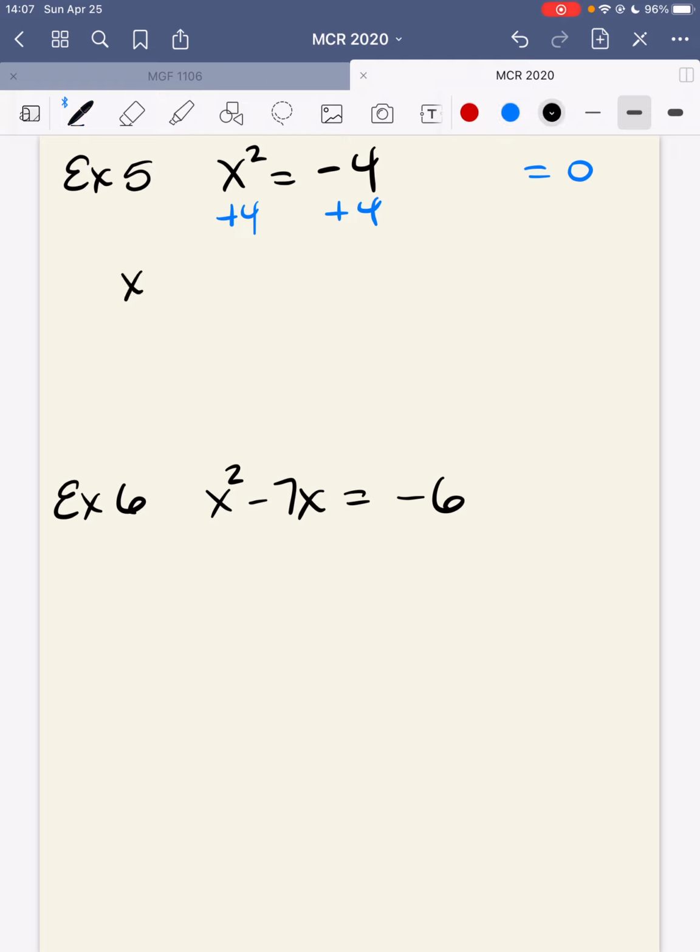That leaves me with x squared plus 4 is equal to 0. And we know from factoring that this particular equation does not factor. Our a is 1, our b is 0, and our c is positive 4.